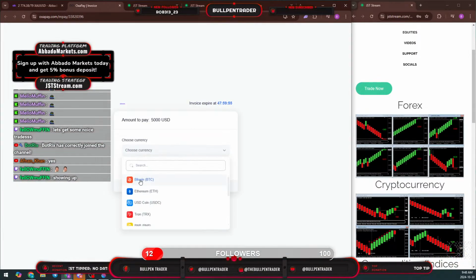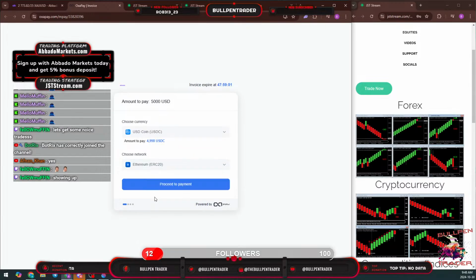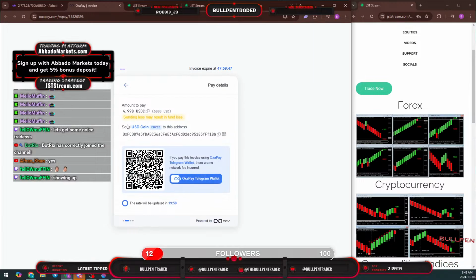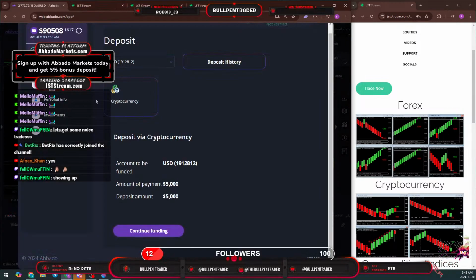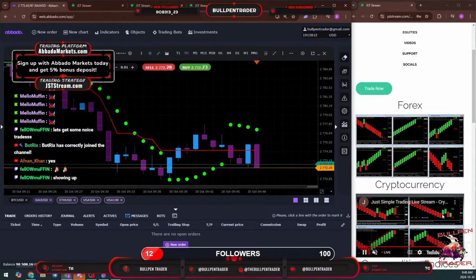All you do is go to, for example, USDC. Let's say you're doing it on the Ethereum network. You go next. It's going to tell you the wallet that you have to send it to, and you're going to send it directly to that wallet. Make sure you're sending on the correct network. Make sure you're sending the correct currency, and then they will get it, and they'll fund your account. It funds very, very quickly.